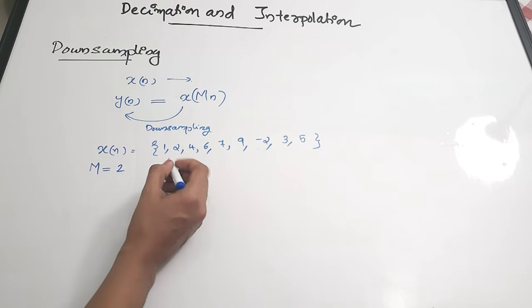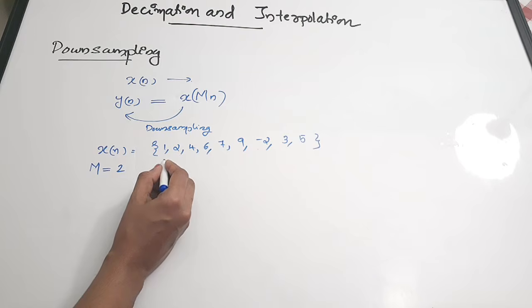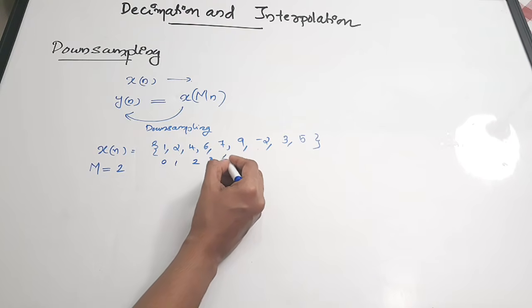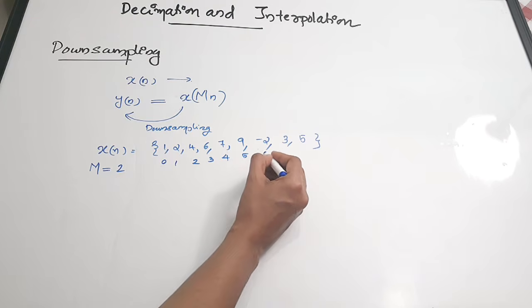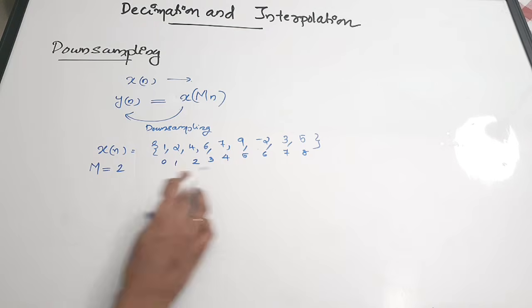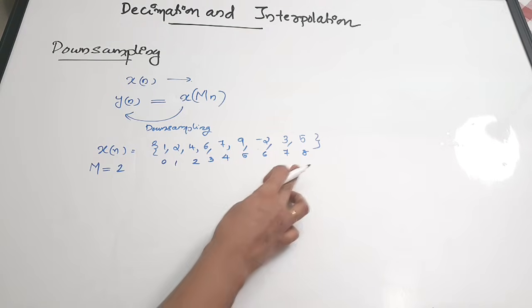This is your x of n data. Consider that M, the downsampling rate, is equal to 2. Here the position values are 0, 1, 2, 3, 4, 5, 6, 7 and 8, which I have written below the data.